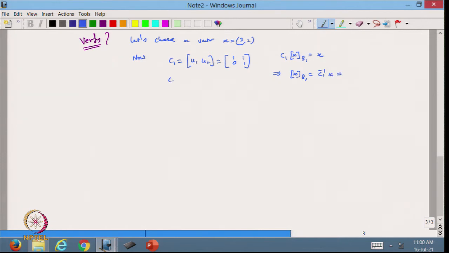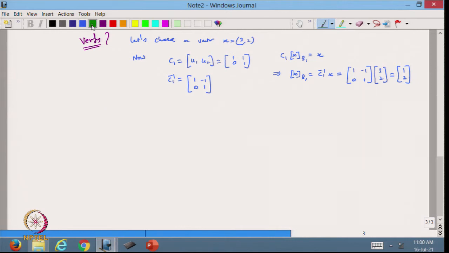Now, C1 inverse will be, the determinant is 1 here, so it will be a swap and a change of sign. So, this is my C1 inverse. I can write from here 1 minus 1 0 1, and x is 3 2. So, from here 3 minus 2, 1, and it is 3 and 2. So, it is 1 2. Now, this we are able to find.